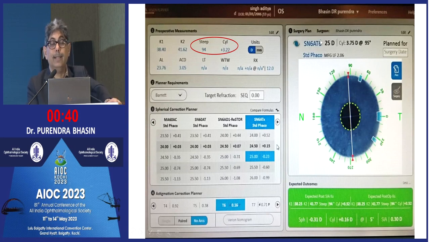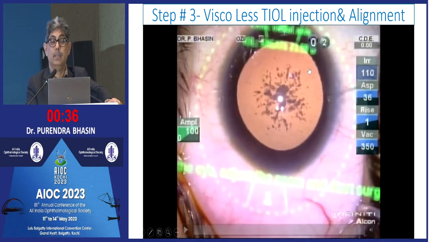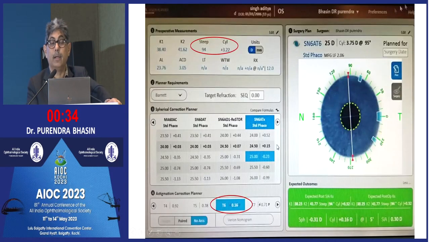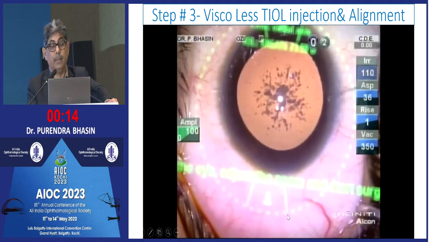The lens which has been ordered is 25 diopters, with a cylinder to correct of 3.75 diopters at 95 degrees, and 95 degrees is the axis of implantation or alignment. This is the model T6 lens with the intended residual astigmatism of 0.16 after the surgery, and 0.23 diopters of residual spherical power.